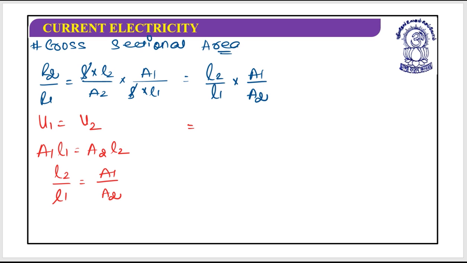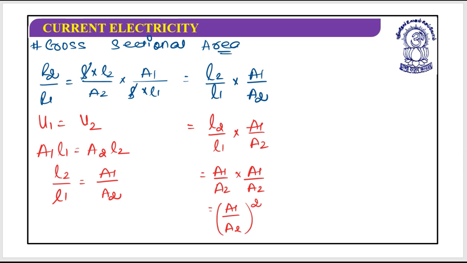So that should be equal to L2 by L1 multiplied by A1 by A2. Let's replace L2 by L1 with the help of A1 by A2. So A1 divided by A2 multiplied by A1 divided by A2 is A1 divided by A2 whole square. So what I can write is R is directly proportional to 1 by A square.